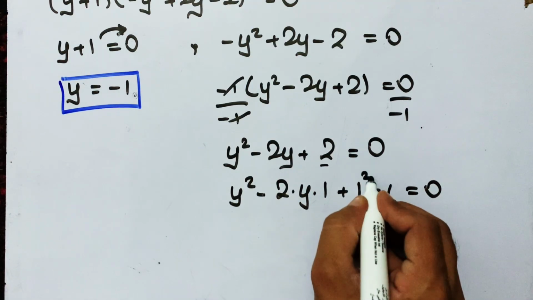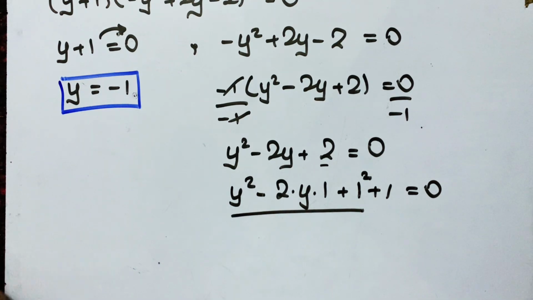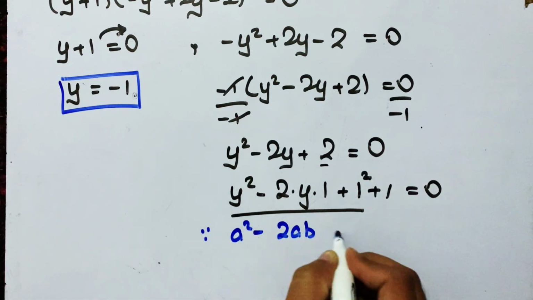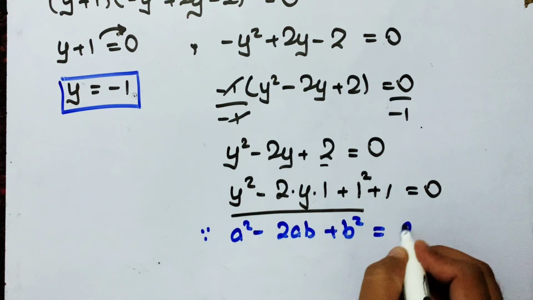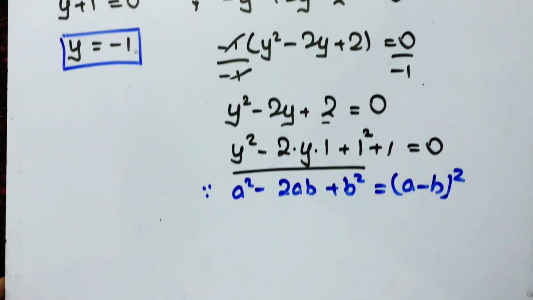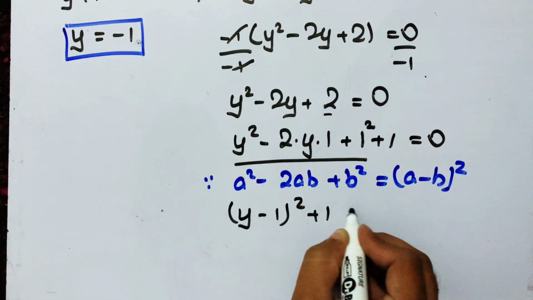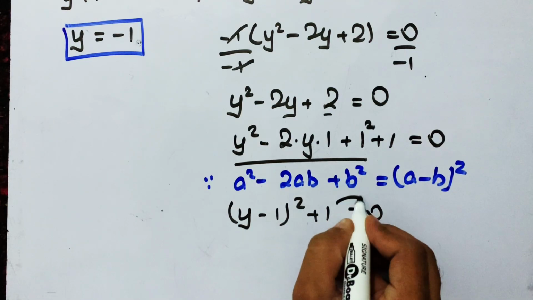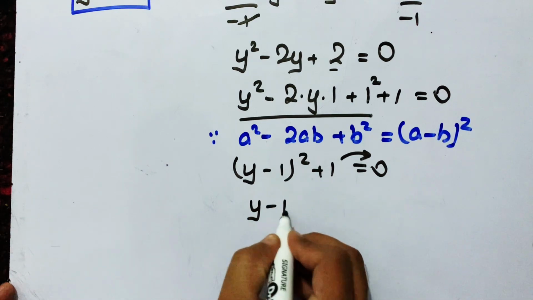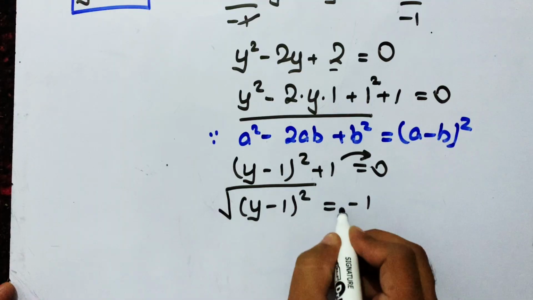Using the formula a square minus 2ab plus b square, which is equal to a minus b whole square: y minus 1 whole square plus 1 is equal to 0. So plus 1 goes to the opposite side, giving negative: equal to minus 1.